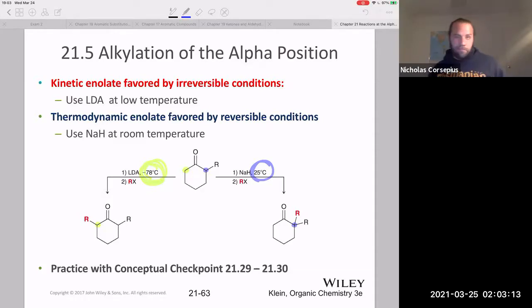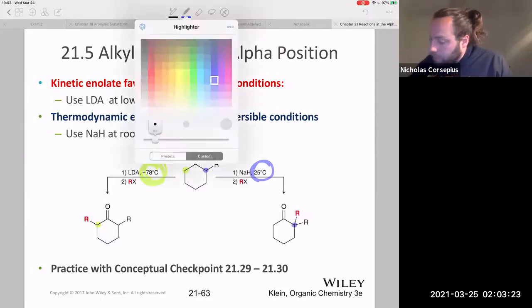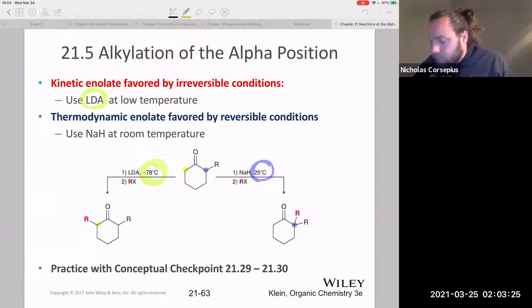Now, another thing you have to remember about this is that we actually use different bases at different temperatures. LDA is the choice to use at low temperatures. This was one of our strong bases we talked about. And at higher temperatures, or room temperature, is when we use sodium hydride, okay?